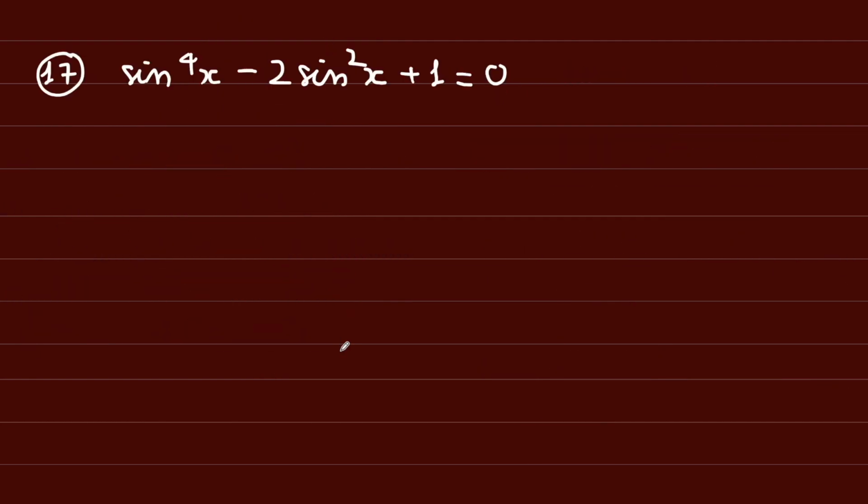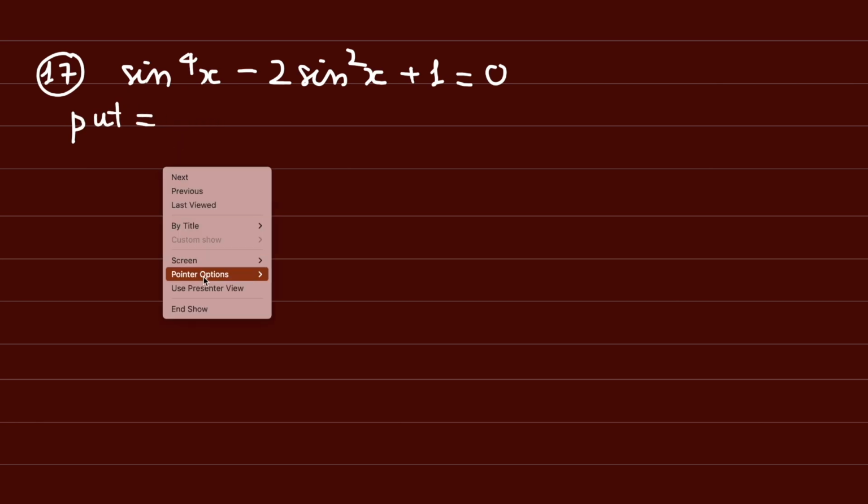We move to question 17 here. So we have a problem. For question 17, on the screen you can see that you have sin to the power of 4, a quartic equation. This is one of the hardest kinds of trigonometric equations, and in this one I need to show you something special.